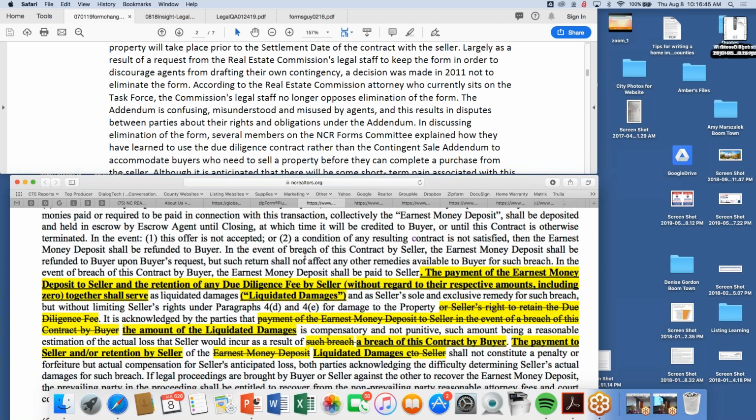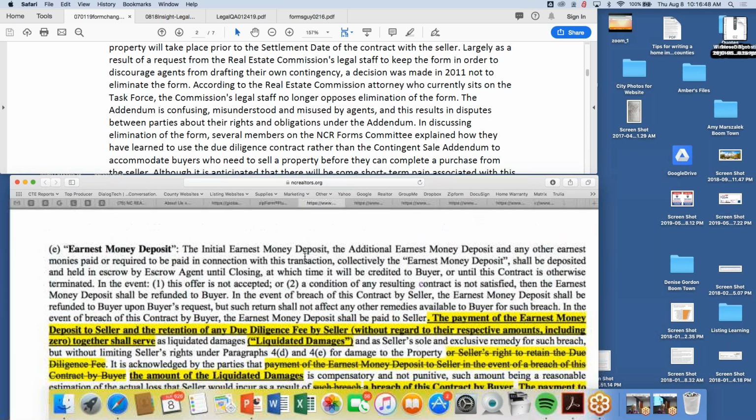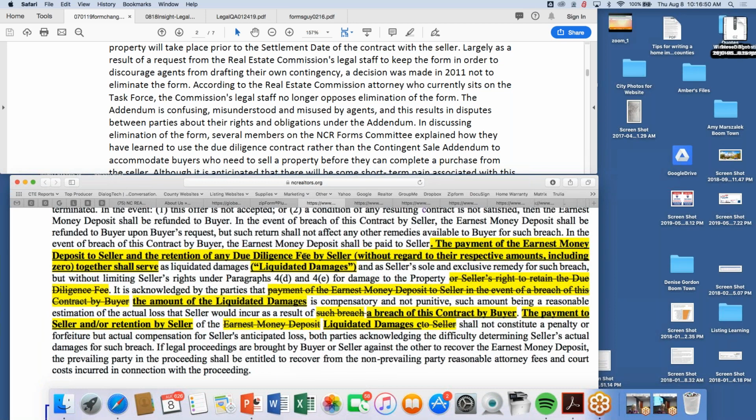So what they did here in the language on E is they focused on saying the payment of the earnest money deposit to seller and the retention of any due diligence fee by seller without regard to their respective amounts, including zero, together shall serve as liquidated damages.